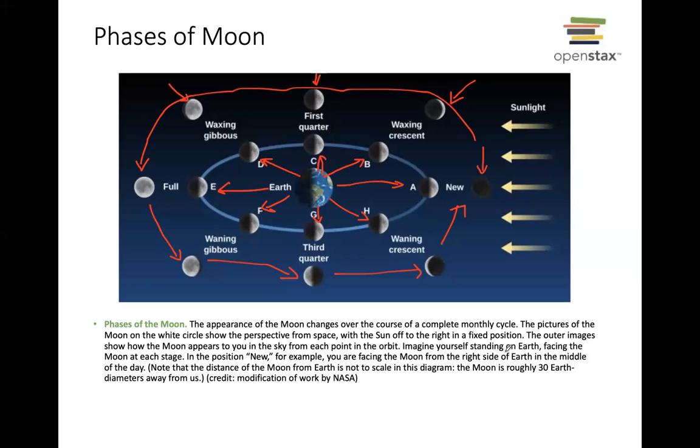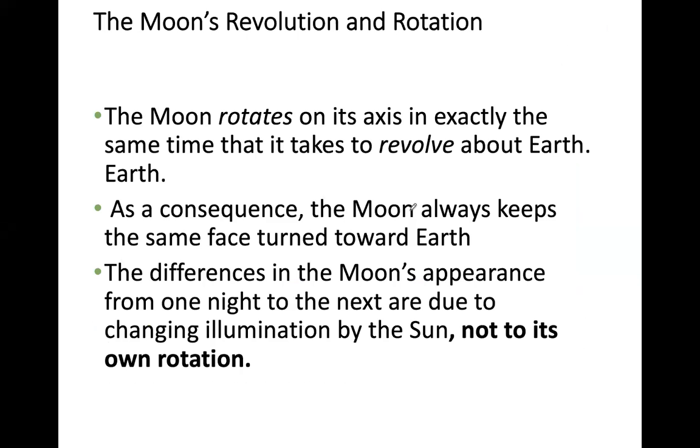Imagine yourself standing on Earth, facing the moon at each stage. In the new moon position, for example, you are facing the moon from the side of the Earth in the middle of the day, right? So then you will see the new moon. So that's what I have explained.